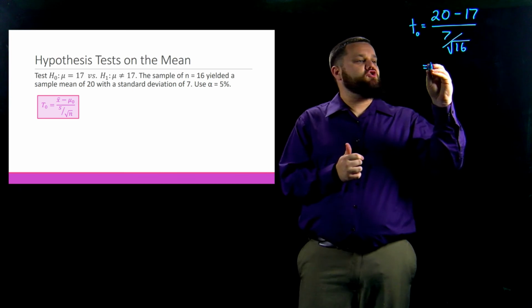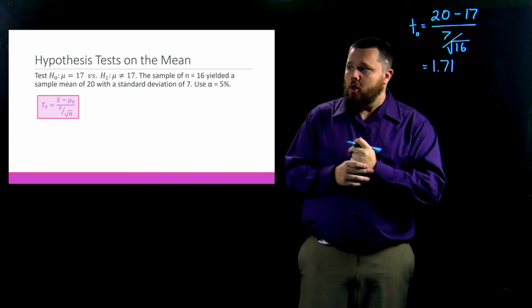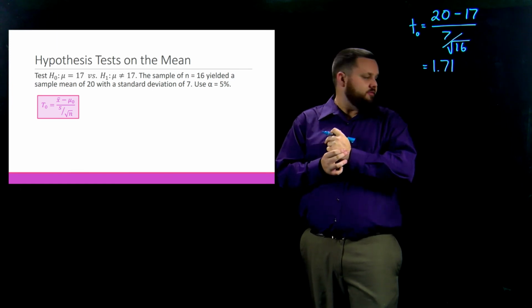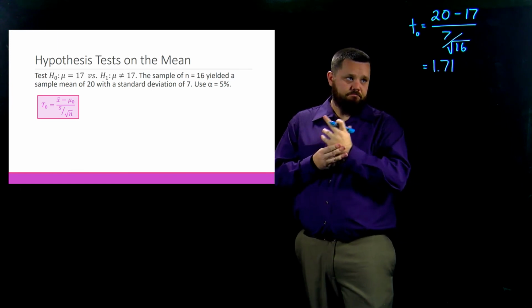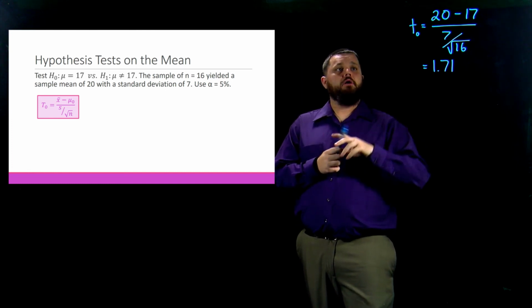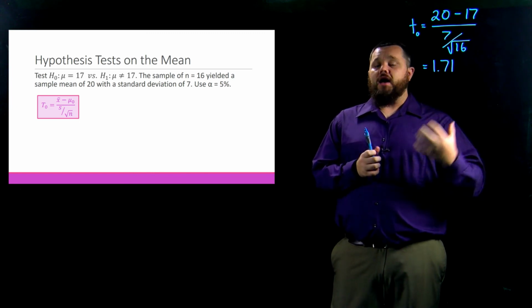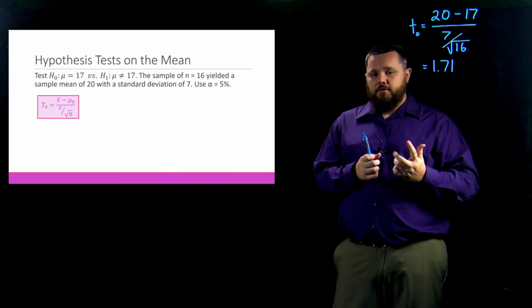Plug and chug, we should end up getting 1.71. All right. So now that we have our test statistic value, we need to find our p-value.